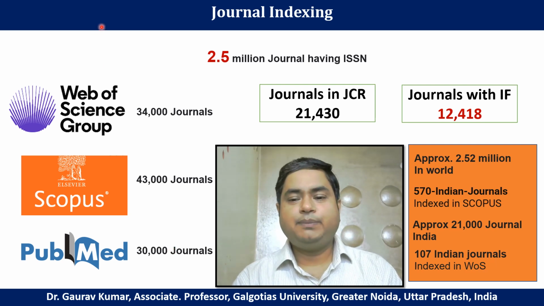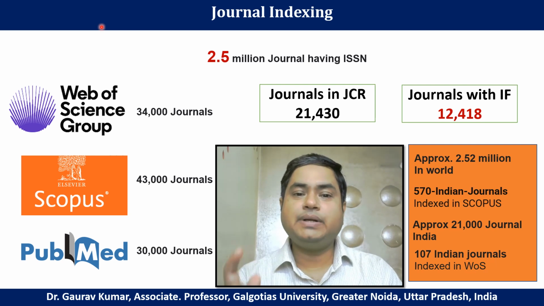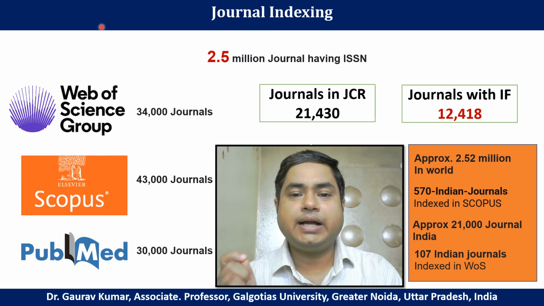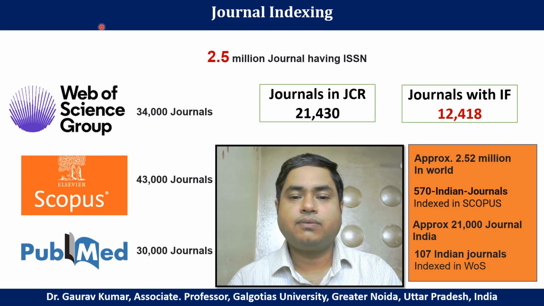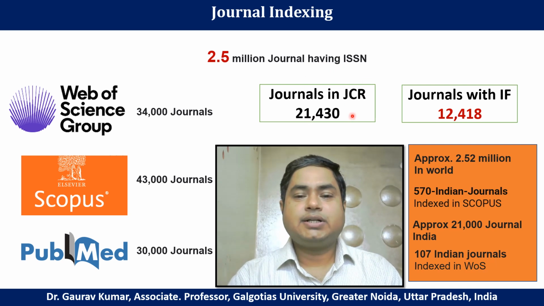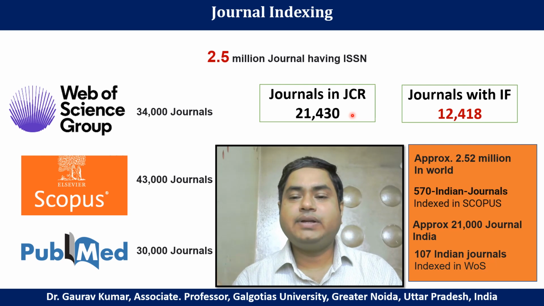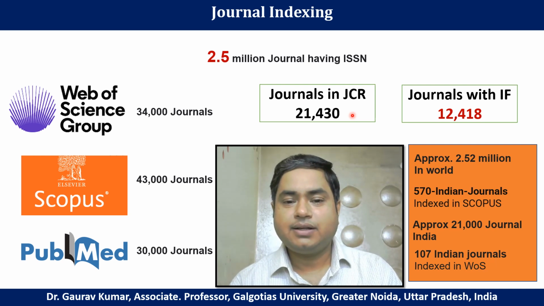So you will be surprised that there are 2.5 million journals having an ISSN number in the whole world. But the journals that are included in Journal Citation Reports are only 21,000 journals. Only 12,000 journals have an impact factor.